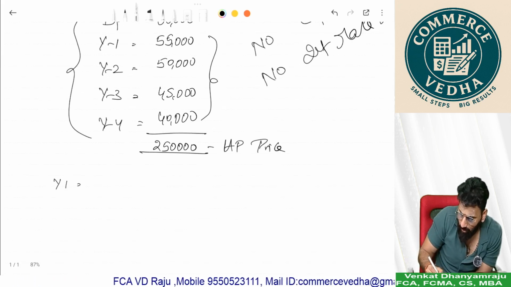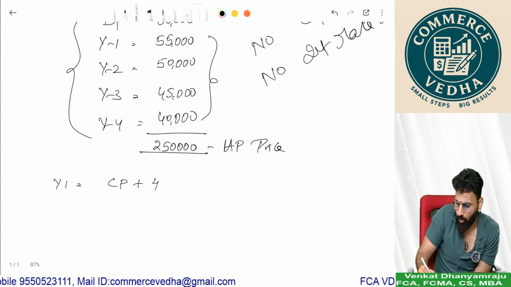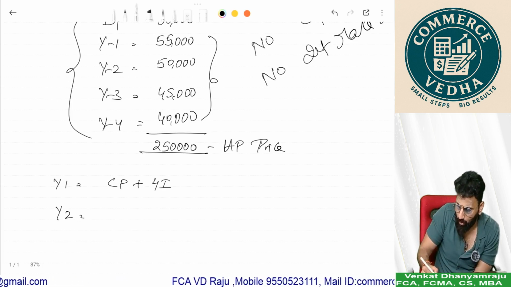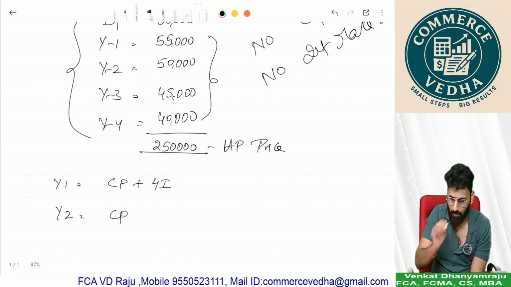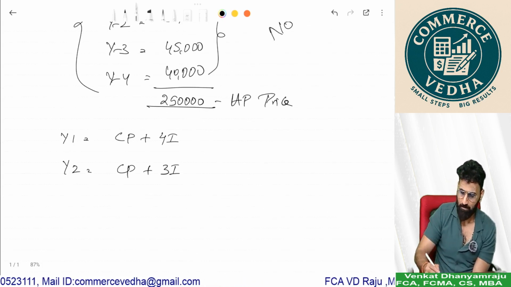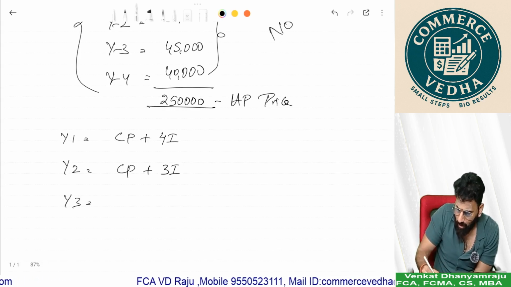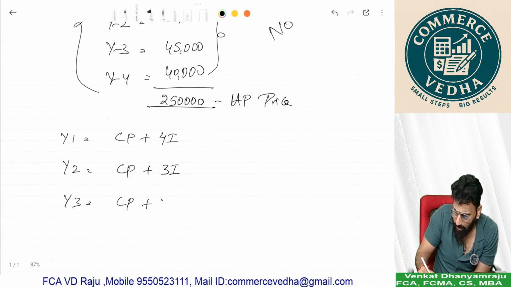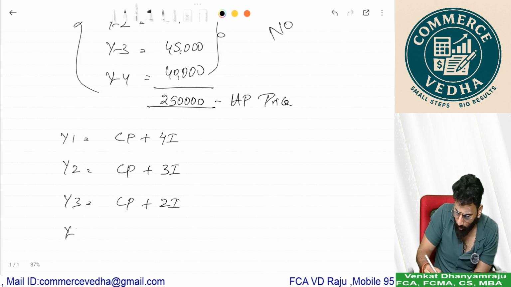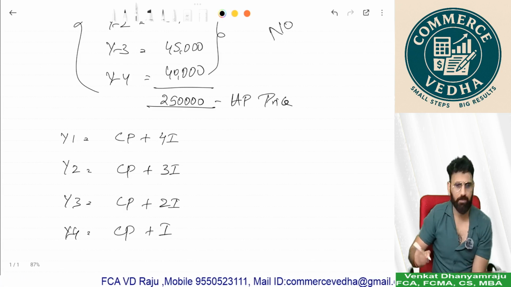Now let us see. Installment 1, you can say cash price plus interest on 4 installments. In year 2, you will get the same cash price plus interest on 3 installments, because cash price won't change, interest will change. Year 3, the same cash price plus interest on 2 installments. And year 4, same cash price, interest on 1 installment.